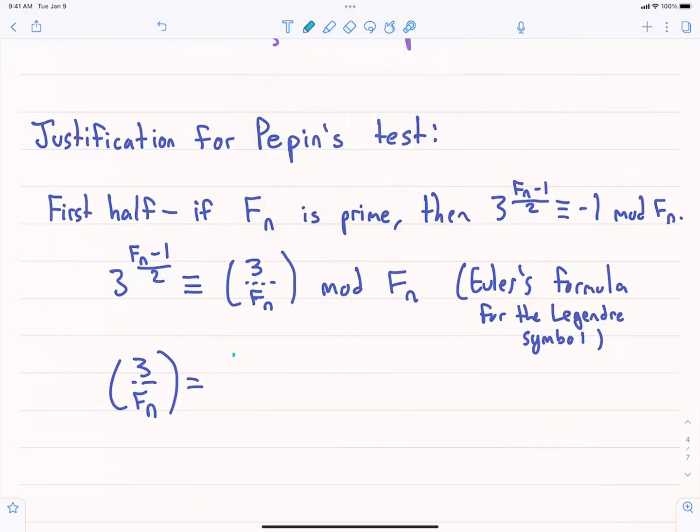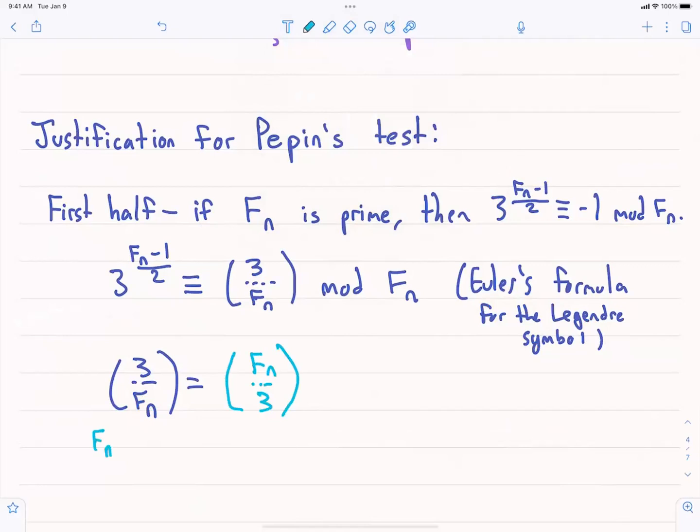And by quadratic reciprocity, this is equal to the Legendre symbol of Fn over 3. The reason I don't get a negative sign is that I would get a negative sign if both the top and bottom were congruent to 3 mod 4. The top is congruent to 3 mod 4, so if I'm not getting a negative sign, what I'm saying is that Fn is congruent to 1 mod 4.